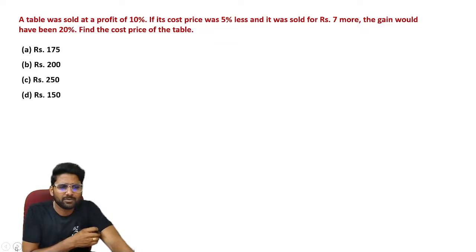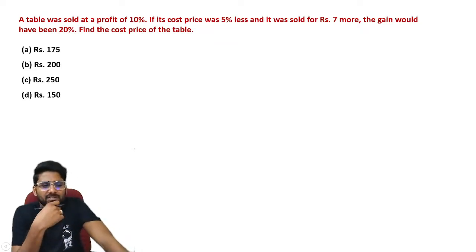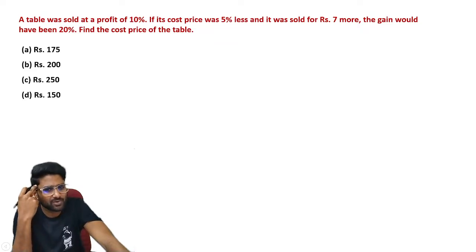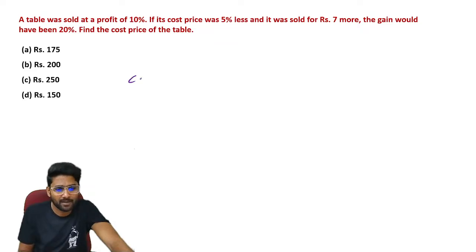See, a table was sold at a profit of 10%. Had the cost price been 5% less and it was sold 7 rupees more, then it would have gained 20%. Find the cost price of that table. Let us take the cost price of the table as 100. Now they need a profit of 10%, so selling is 110. And the cost price is reduced by 5%.